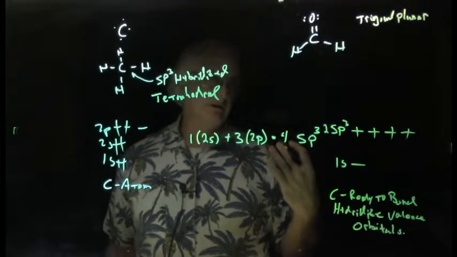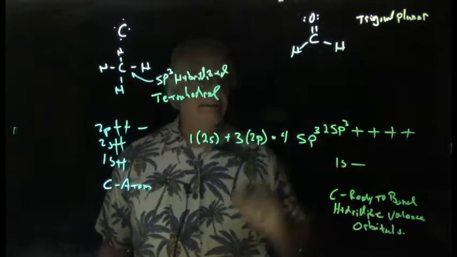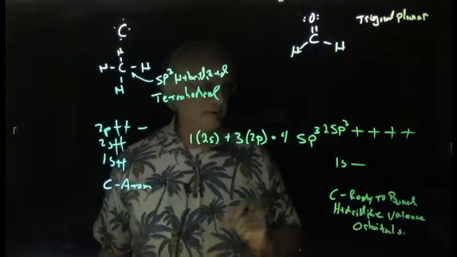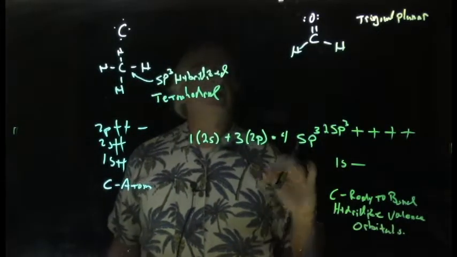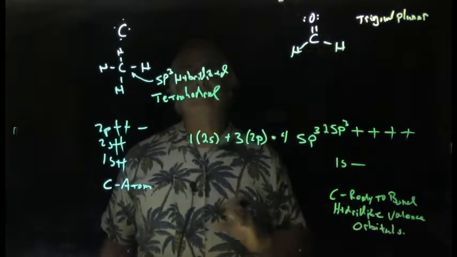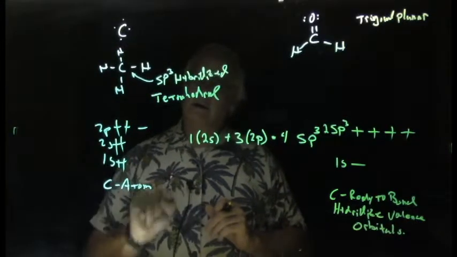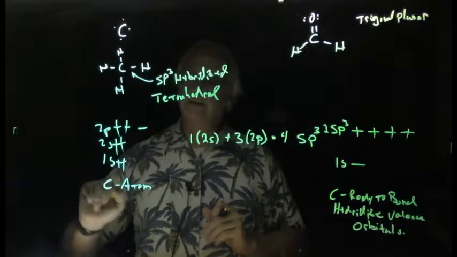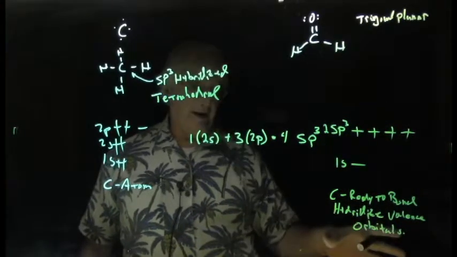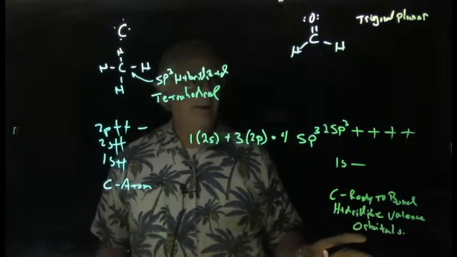And the hybridization scheme for something like this is a little bit different. Okay? What is done here is you say we are going to form 3 bonding regions, not 4. So we take our carbon electron configuration diagram, we're going to modify it, but we modify it this way.